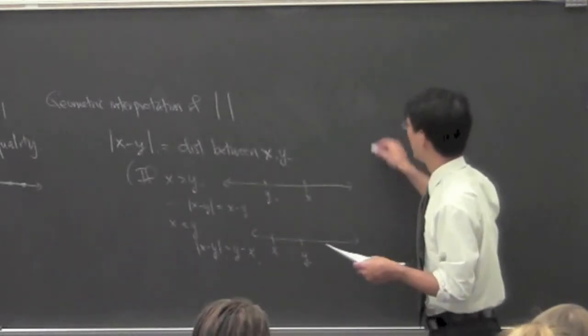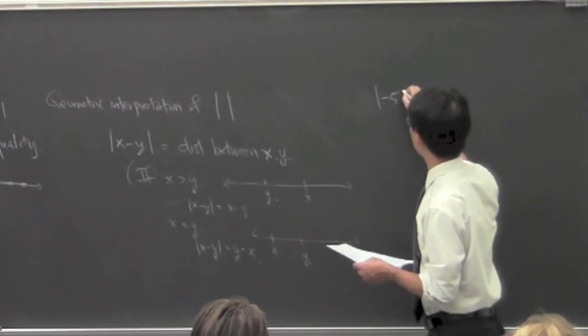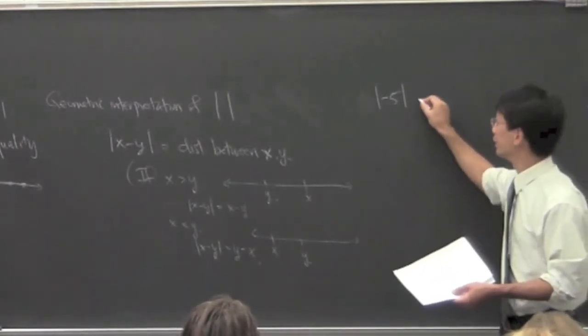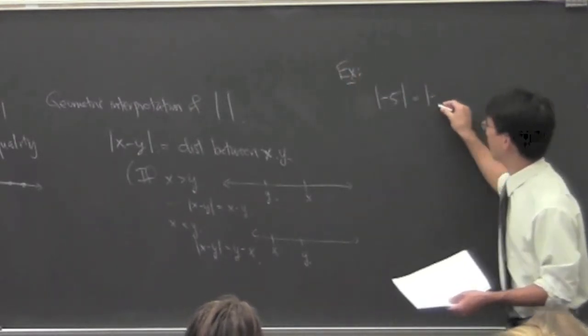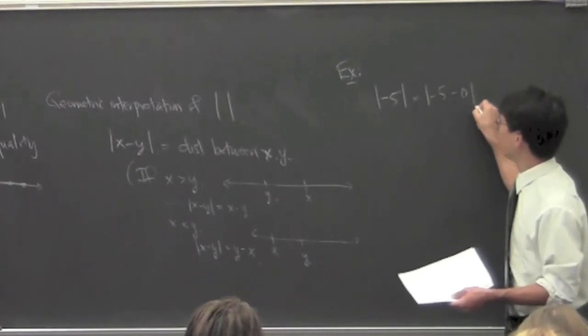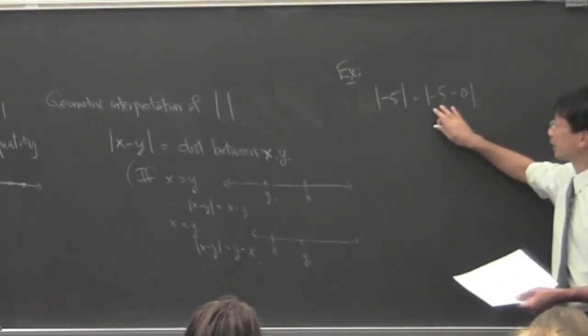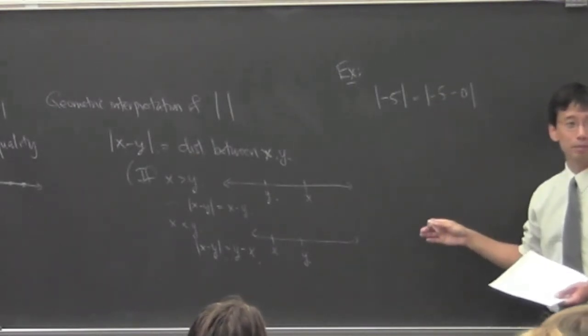So for example, if I write the absolute value of -5, one way of thinking about it is that this is the same thing as -5 minus 0. So you can think of this as the distance of -5 from 0, if you like.